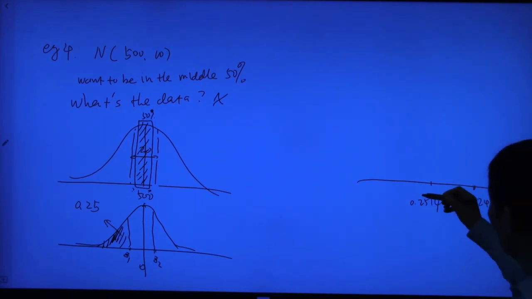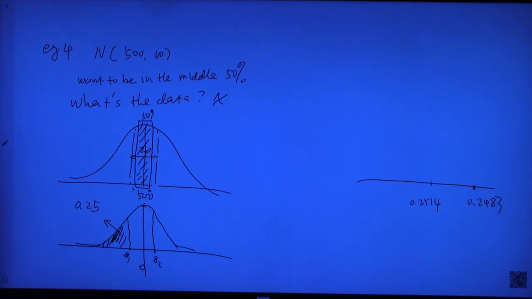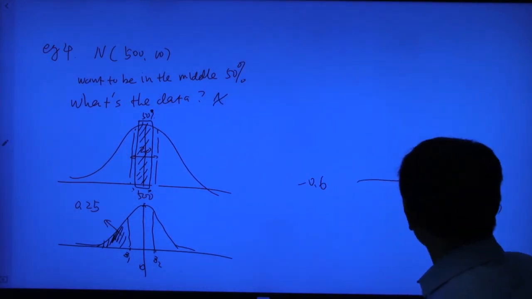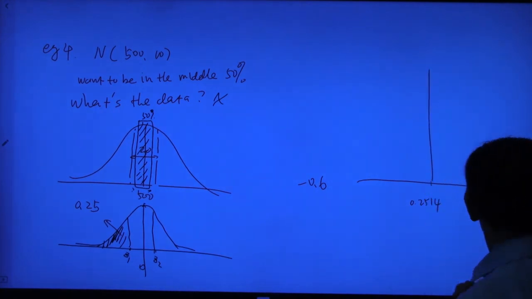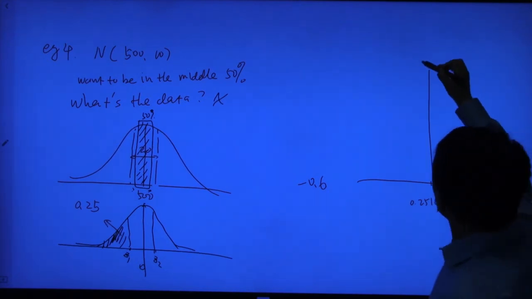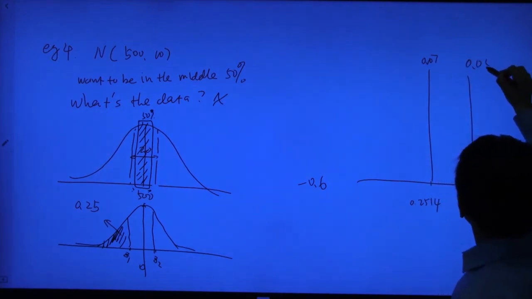This line here corresponds to negative 0.6, and the one on the top corresponds to 0.07, and this one corresponds to 0.08.